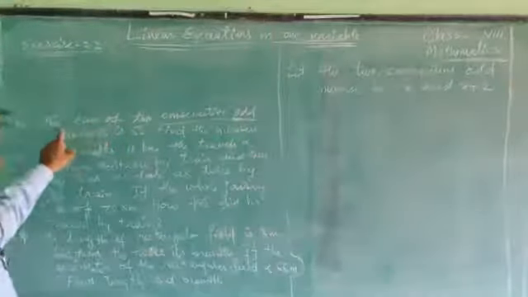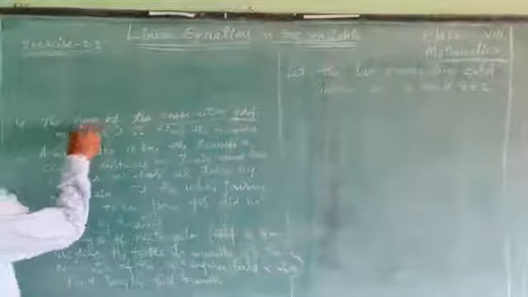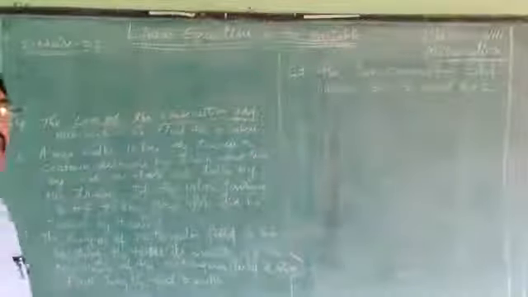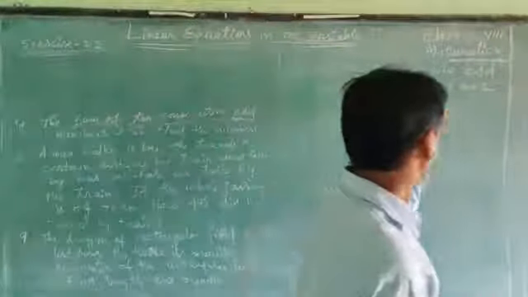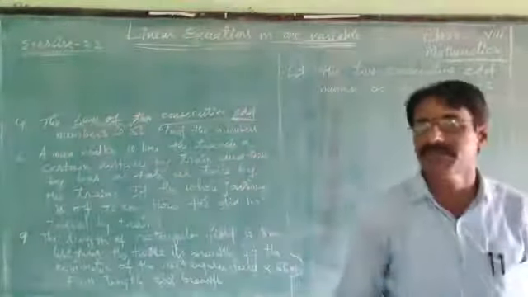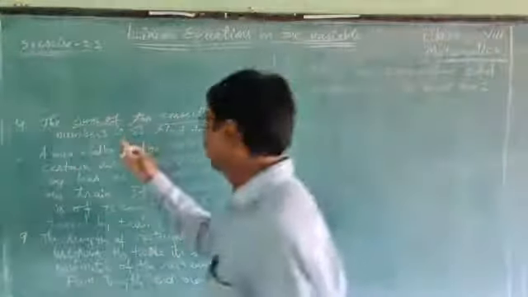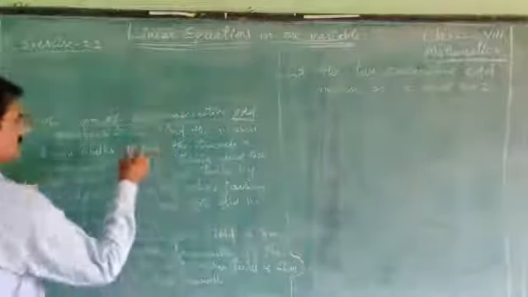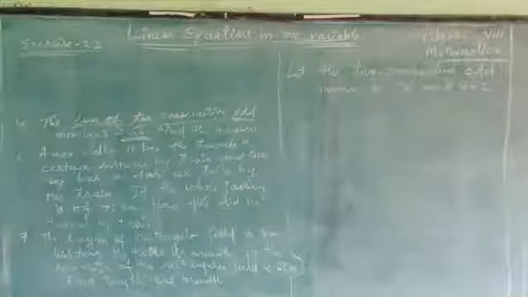Next, given here, the sum. How to get the sum? By addition. If we add these two numbers, we get the sum of them. The sum of those two numbers is how much given? 56.